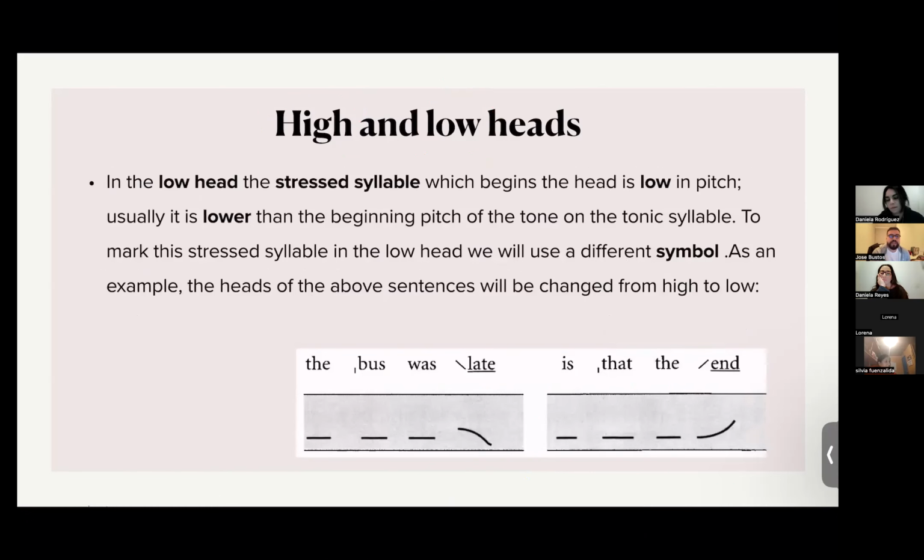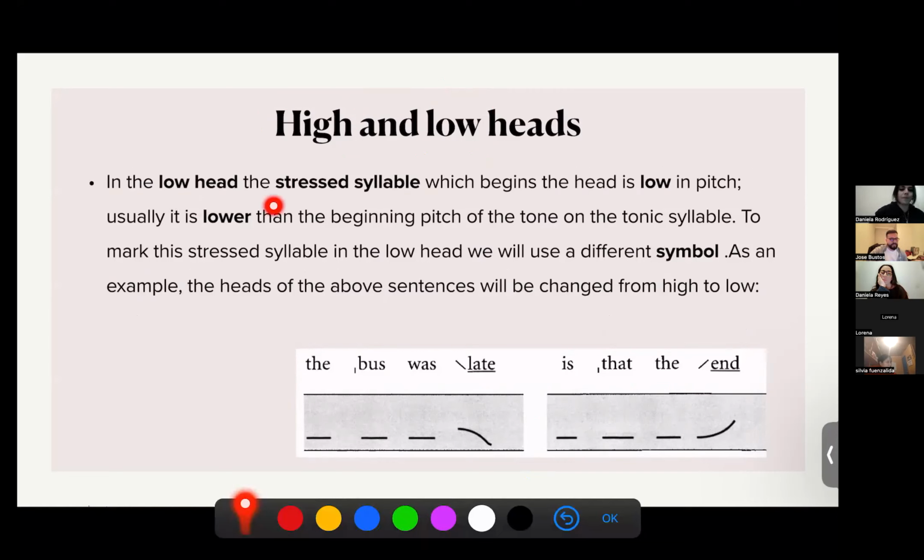Now, what about the low head? In the low head, the stressed syllable which begins the head is low in pitch. Now, we are going to use the symbol, but now it's not on the top, it's at the bottom. This is high head, and this is low head.